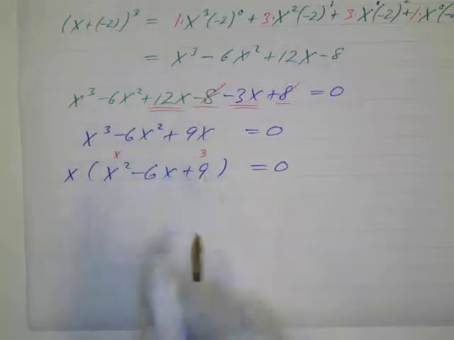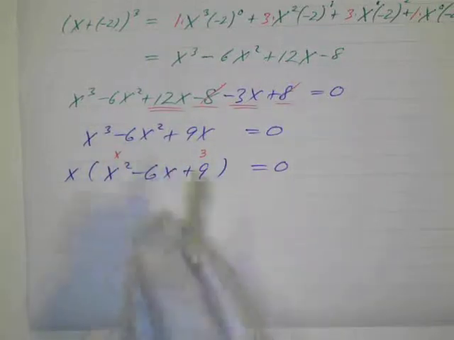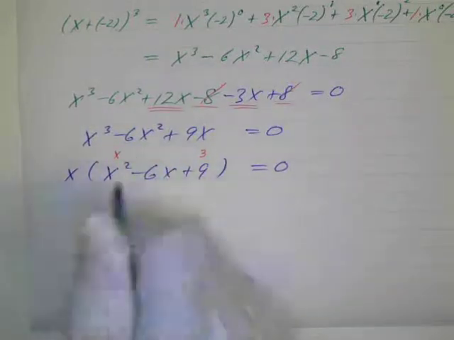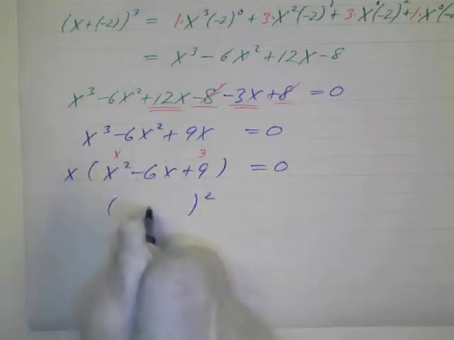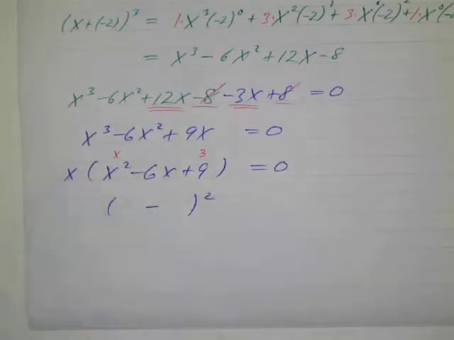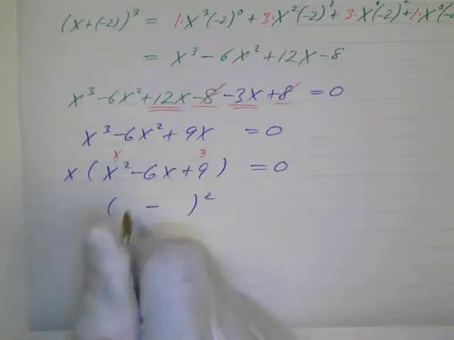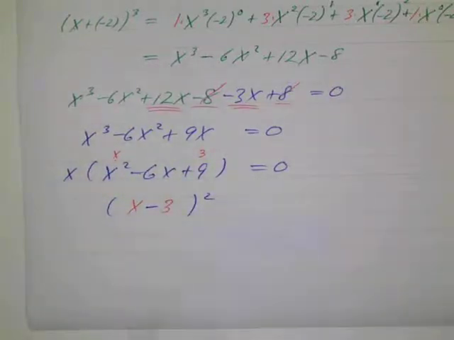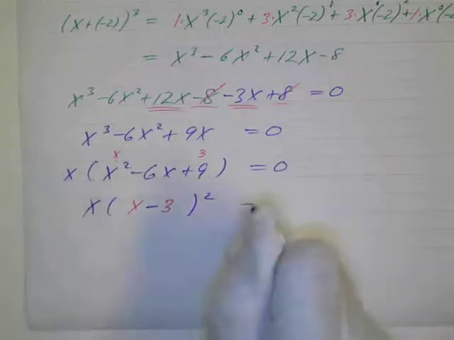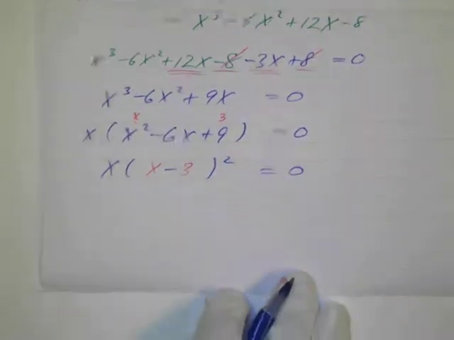The square root of 9 is 3. Do I have twice the product in the middle? Yes, I do. There's my sign, negative. So it's x minus 3 squared. And then this is going to be an x, so that will be what we've got.